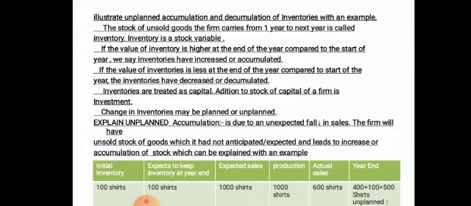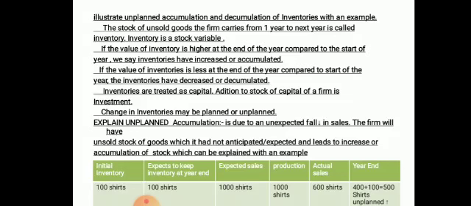You know a firm produces goods in a particular year for the purpose of what? Sale. But sometimes all the goods that are produced in that particular year do not get sold. The goods which do not get sold, the firm will carry that stock from one year to the next year.